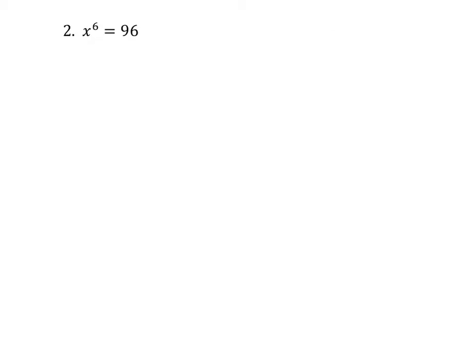Looking at this next problem, the x is in the base. So to get rid of my exponent, so that I will have the x just completely by itself, you need to raise both sides to the reciprocal power, which would be 1/6. Make sure that you're raising that 96 up to the 1/6 power. This will cancel, so you'll just have x.